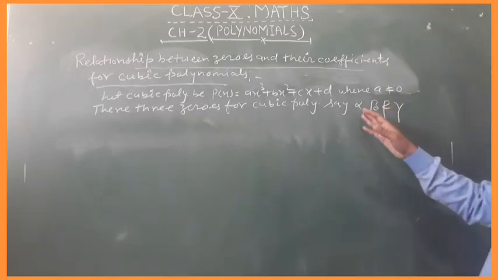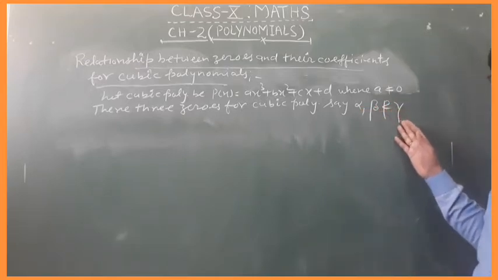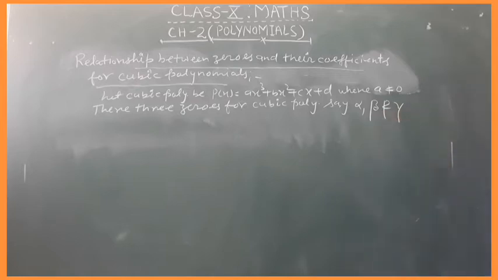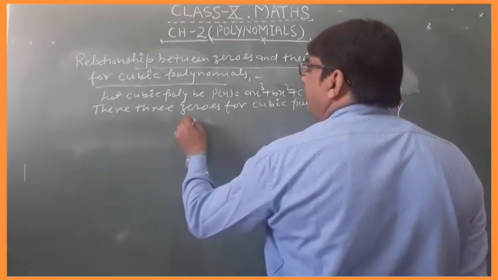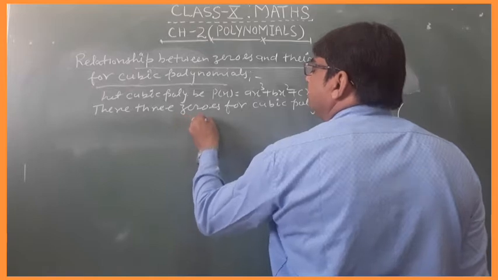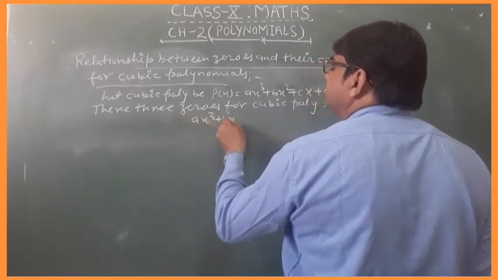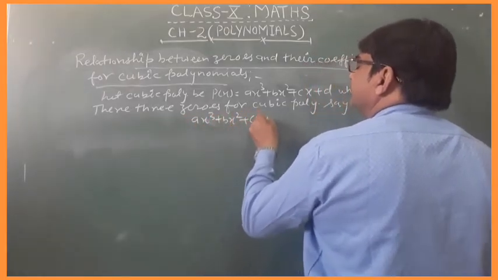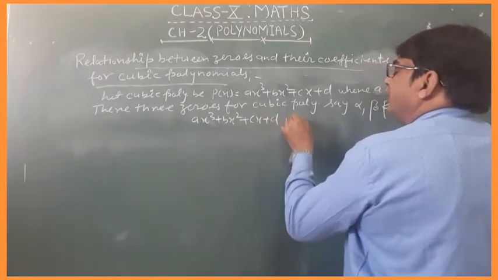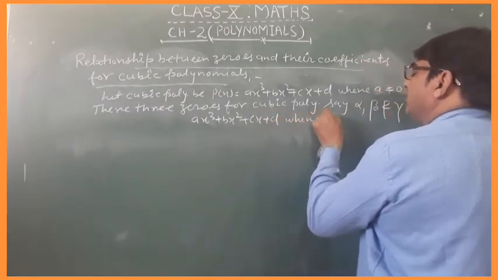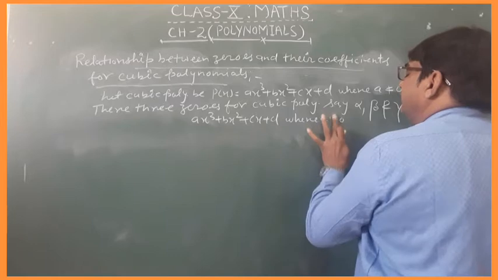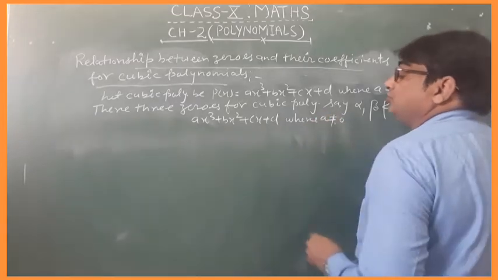It means these are the values of x for which the polynomial in x is equal to zero.